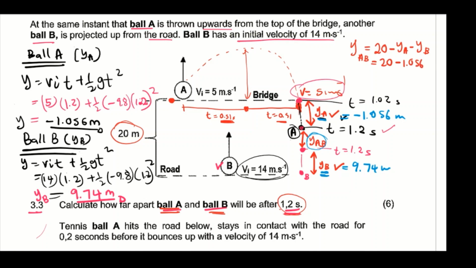I know we wrote it as negative here, but once you substitute it here, you substitute it as positive because the negative stands for the direction of the height.